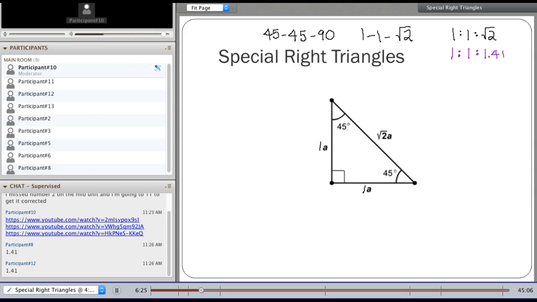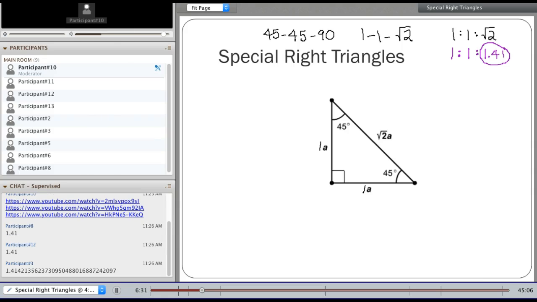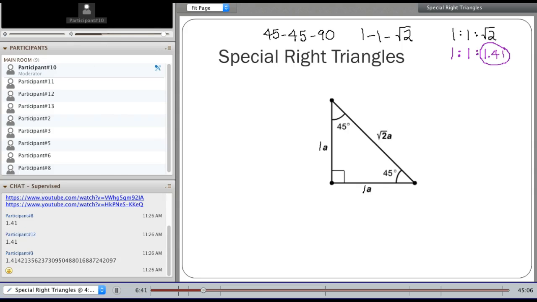So see how 1.41 is the largest out of those three numbers, right? We've talked before. Nice, Tara. Tara has everything in there. We've talked before how the longest side has to go across from the largest angle.